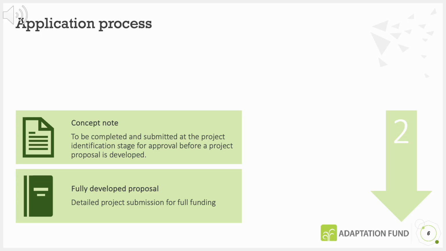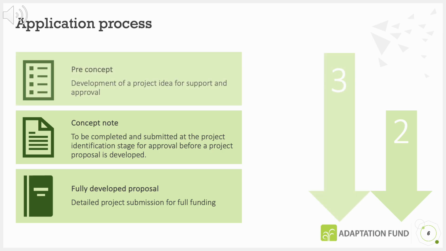Unlike regular single-country projects, which follow only a 2-step process, concept note and fully developed proposal, single-country LLA projects have the option to follow a 3-step process, pre-concept, concept note, and fully developed proposal, offering additional flexibility to support early-stage project development and local engagement.